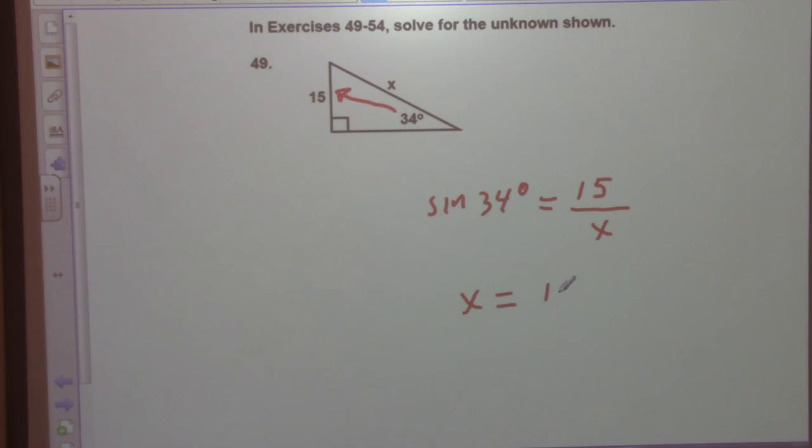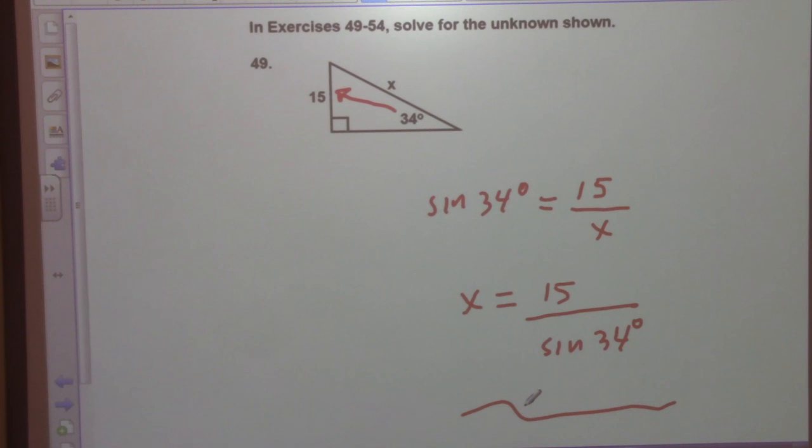That's going to be 15 over sine of 34 degrees. Is that what you got, Will? Sure, that's what I got. Yeah, so cross multiply the x, then divide by sine 34. See that?